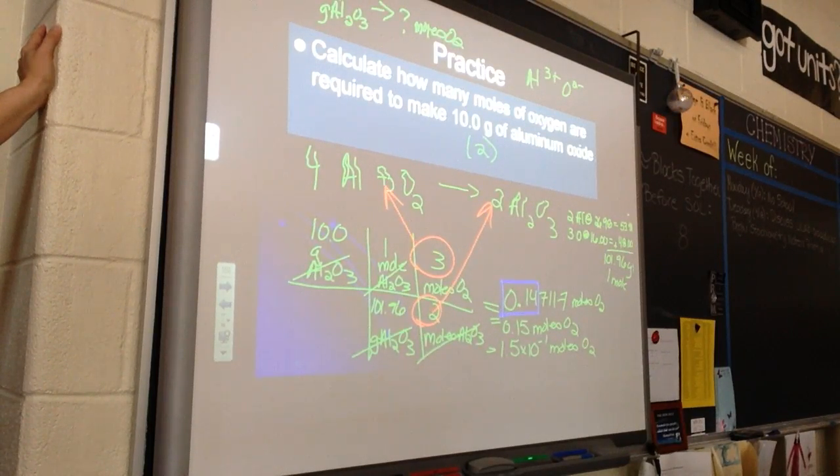You could see as an answer choice 0.15 moles O2. That would be correct. In that scenario, there would be other answers, none of which would be notated. You could see this exact question as a multiple choice on the SOL, where all 4 of the answer choices are notated, one of which would be 1.5 times 10 to the negative 1 moles O2, 2.637 moles. You understand what I'm saying?